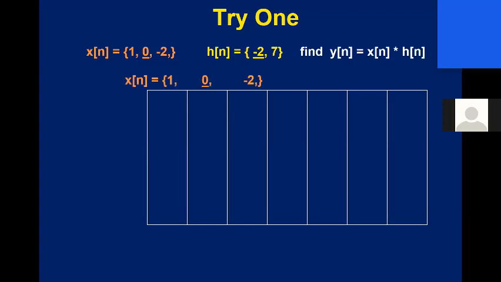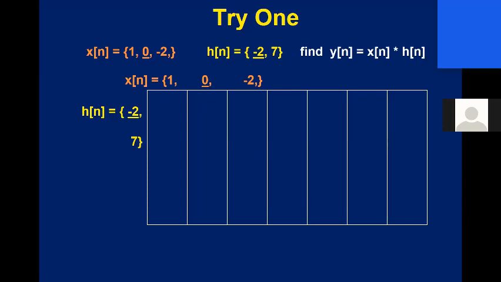So you can choose either one to go across the top and one down the side. I usually choose the longer one to go across the top. It doesn't matter, they're interchangeable. We're not going to leave out the 0. That's a term that we need to keep in our convolution.